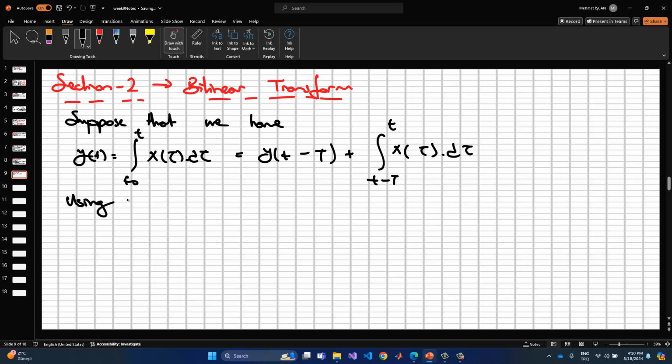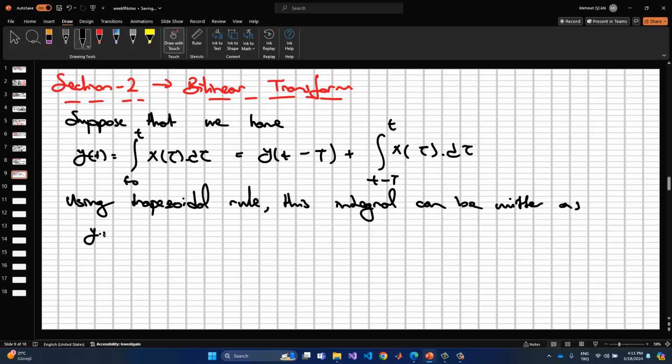Using the trapezoidal rule, this integral can be written as y(t) approximately equal to y(t minus T) plus T divided by 2 times x(t) plus x(t minus T), where T is the sampling rate of this signal.